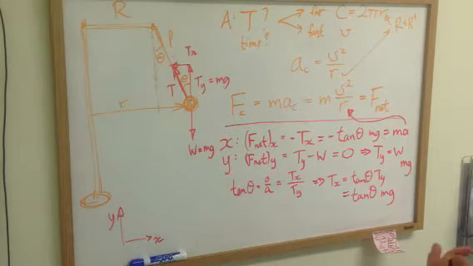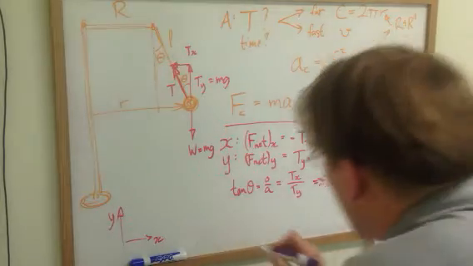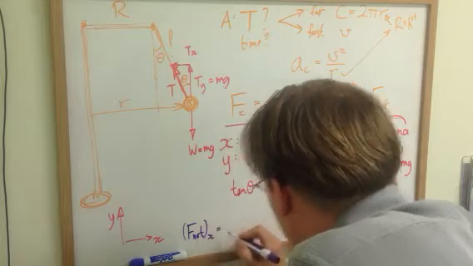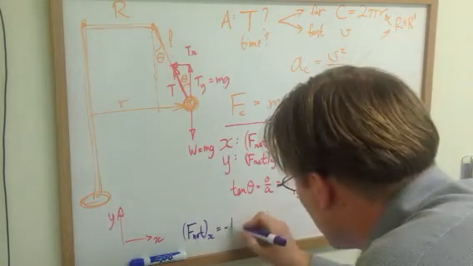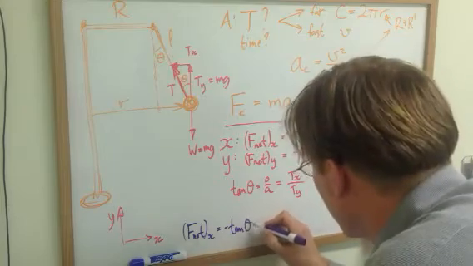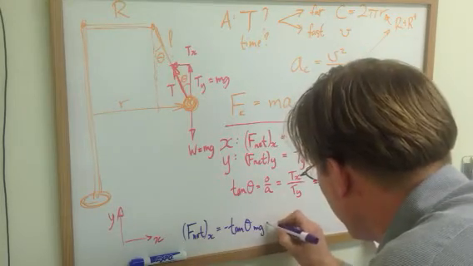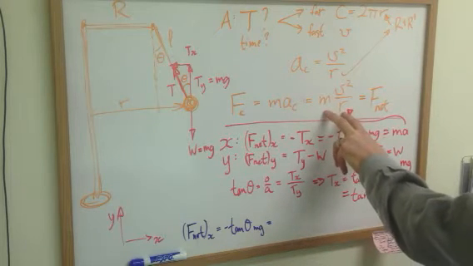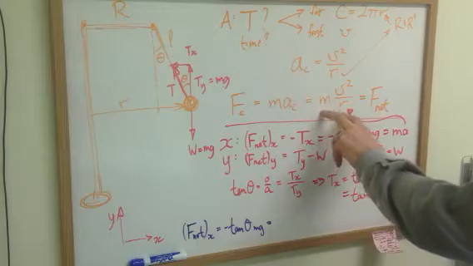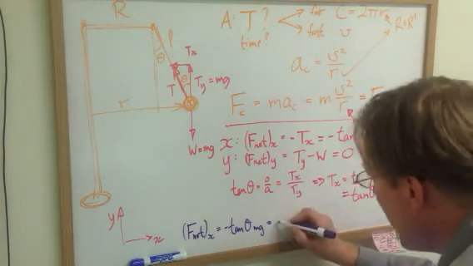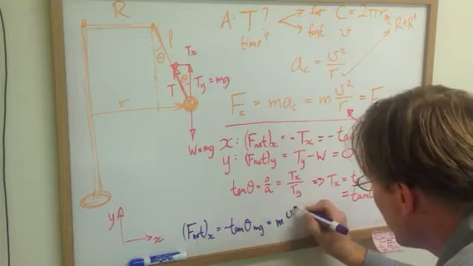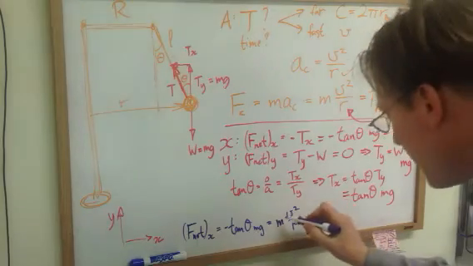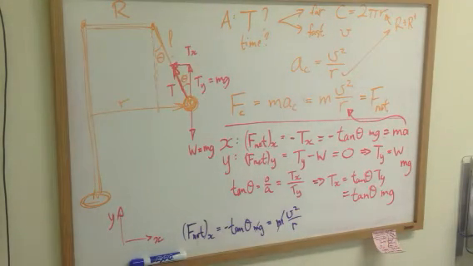I'm going to use a different color pen. We have our net force in the x direction is tan theta mg, and that's causing us to accelerate in a very special way in circular motion. So our ma is equal to m v squared over r. Masses cancel on both sides.